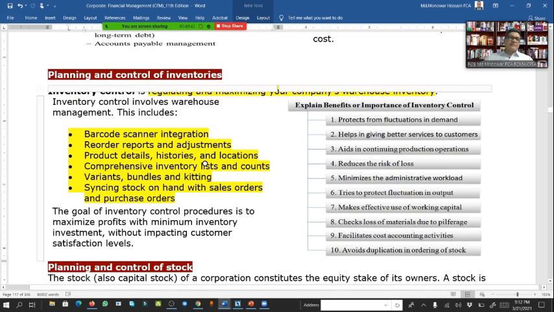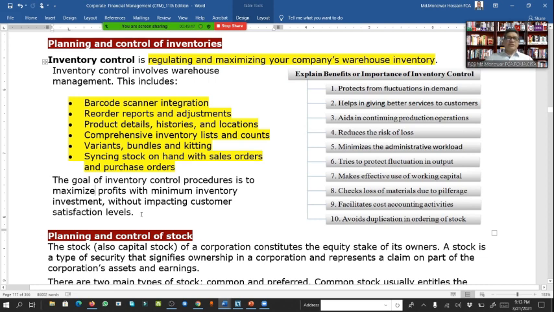That type of control should be aligned with the organizational policy. The goal of inventory control procedure is to maximize profit with minimum inventory investment without impacting the customer satisfaction level.